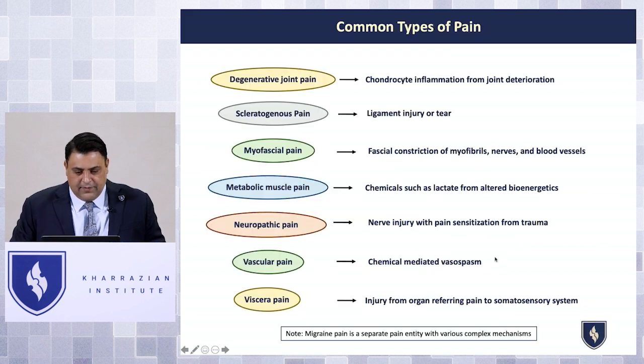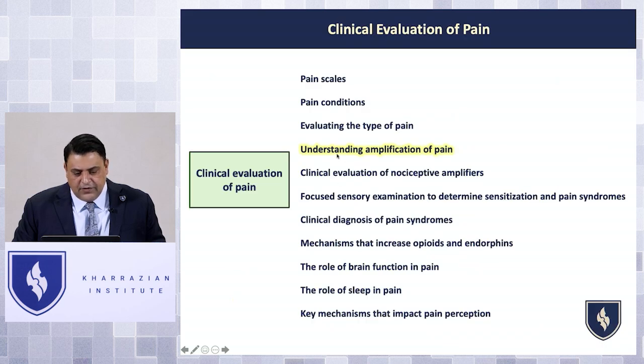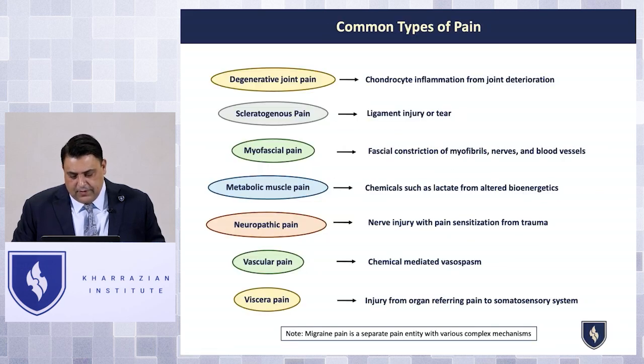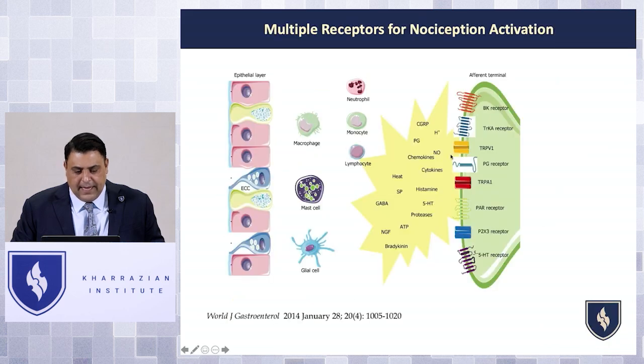So here are all the different types of pain that are named here: degenerative pain, sclerotogenous pain, myofascial pain, metabolic muscle pain. And some people can have more than one pain pattern. Now, what we want to do is understand how those different pain patterns can be amplified. Once you have this pain pattern, remember that nociceptors can be amplified by other types of chemicals.